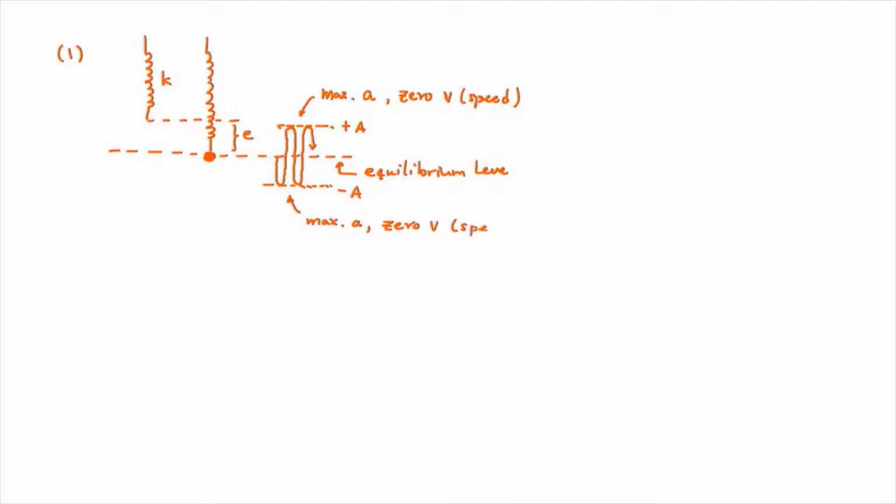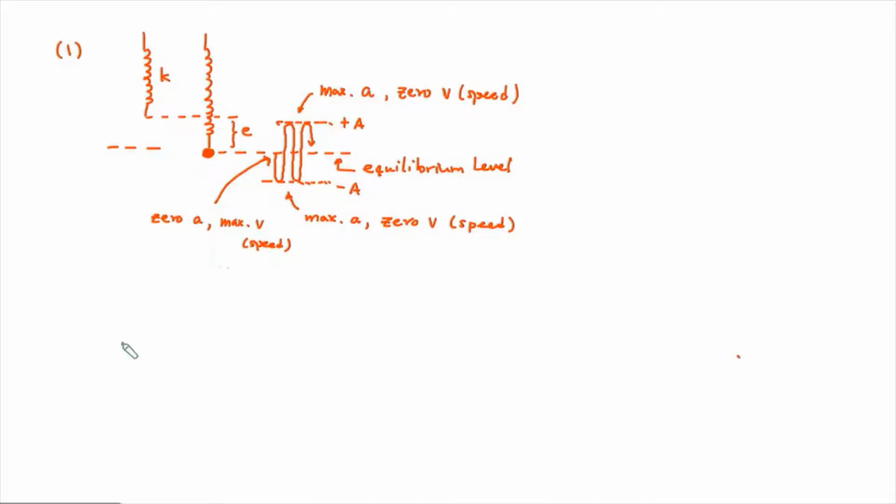Then when the mass passes through the equilibrium level, you are going to see zero acceleration and maximum V, or speed.